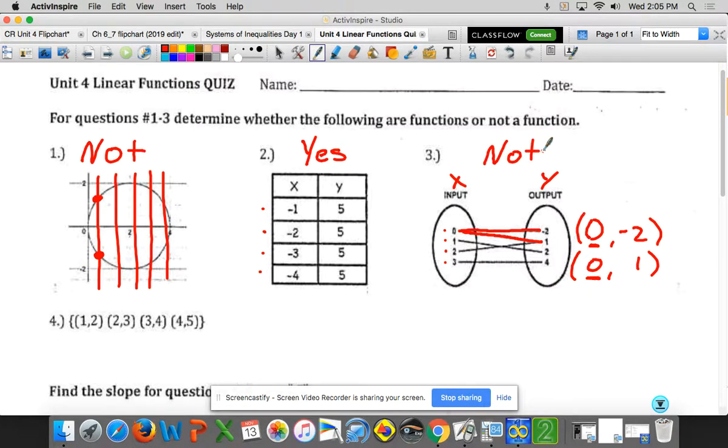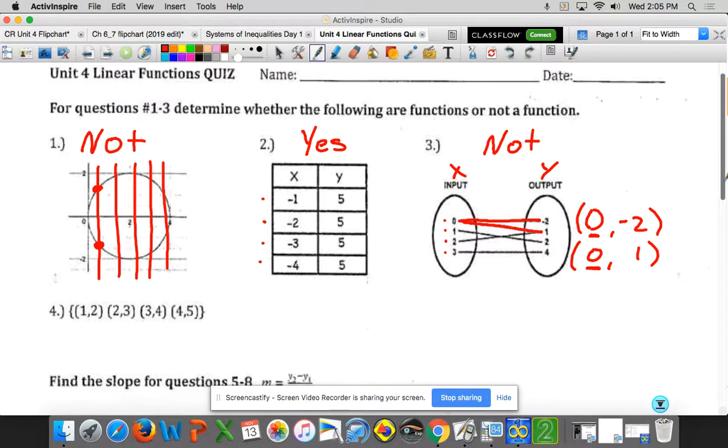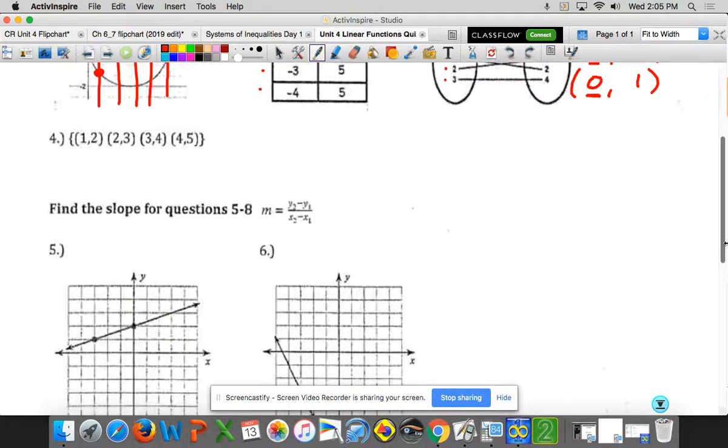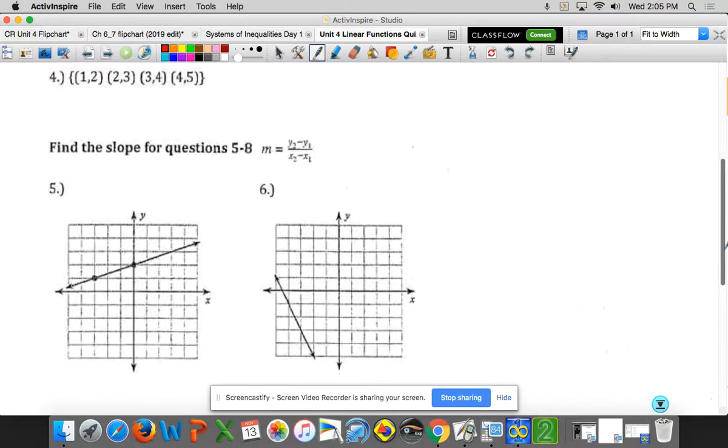Another way I like to say this is: this 0 is going to number -2's party, and it's also going to 1's party. In reality, the same person, 0, cannot be at both -2's and 1's party at the same time. As we move on to number 4, it once again is very similar to 2 and 3.